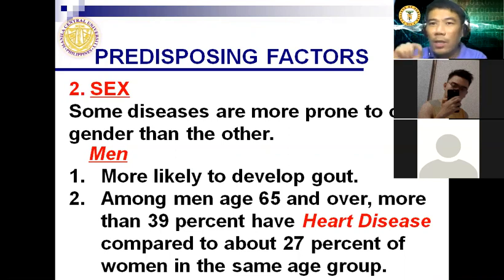So the next question is, if I will be the panel, how can you confidently claim that males are more likely to develop gout? Give me an explanation on this.